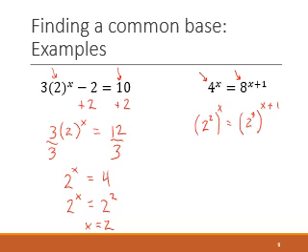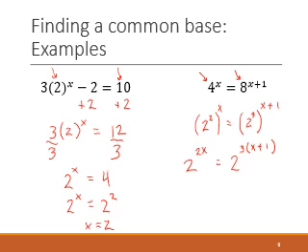Now from there you have to remember your exponent properties, because notice I have a power raised to a power. When you have a power raised to a power, the rule says you get to multiply the exponents. So this side becomes 2 times x, and this side, the exponent becomes 3 times x plus 1. Don't forget, the entire exponent, x plus 1, needs to be multiplied by 3, so you definitely need parentheses.